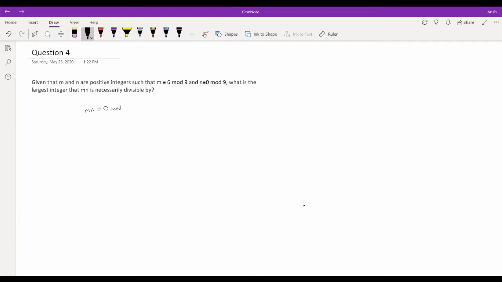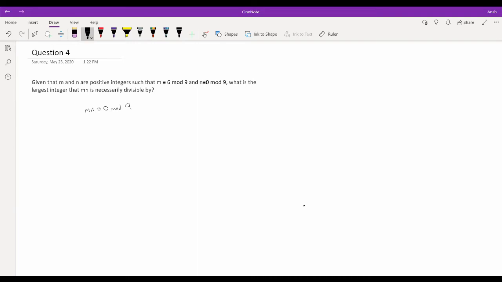Since it's 0 mod 9, that means it's divisible by 9. So our answer would be 9, right? Well, not exactly, because although it is divisible by 9, this does not necessarily mean that 9 is the largest number that divides mn.